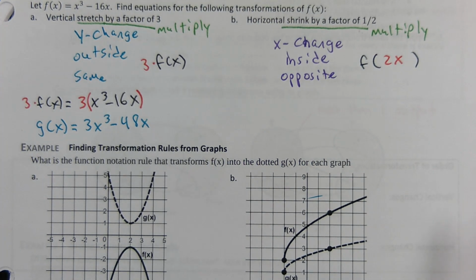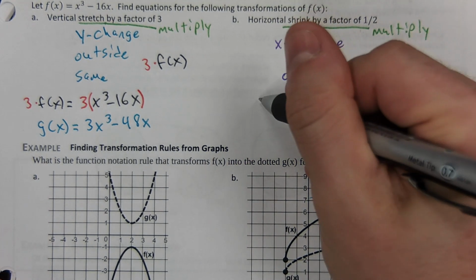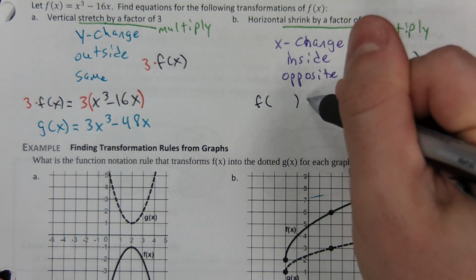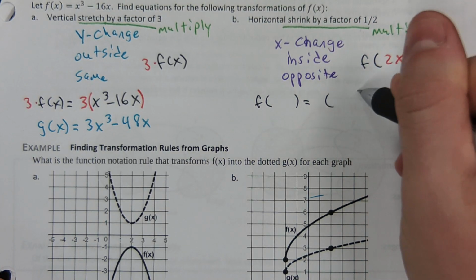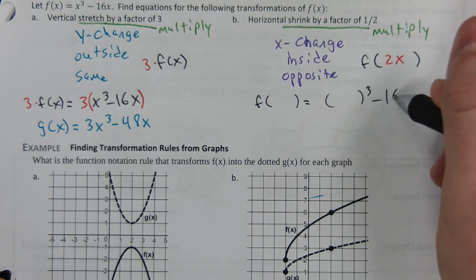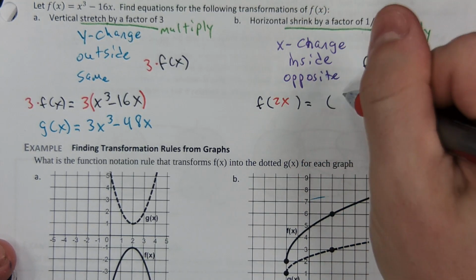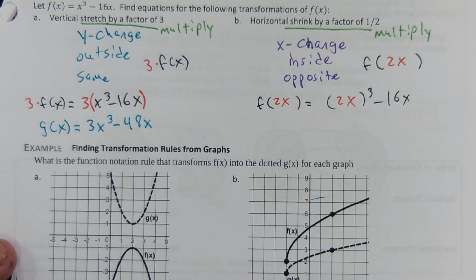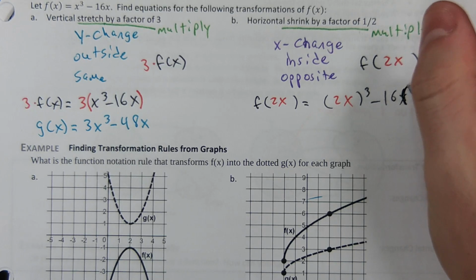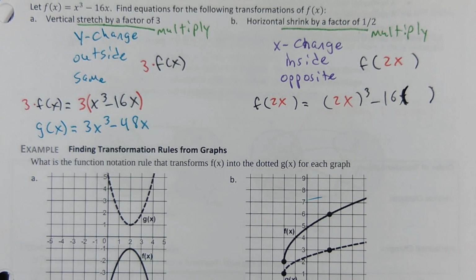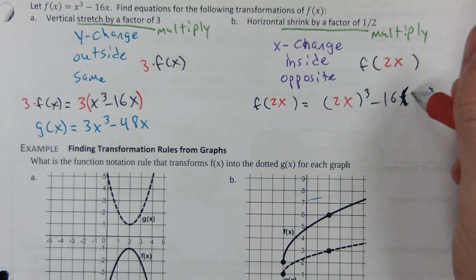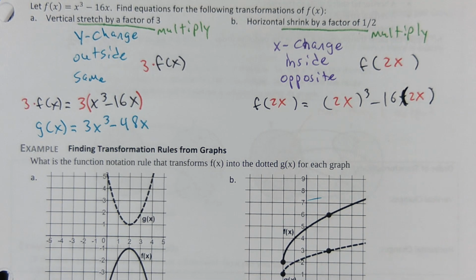All right, then I take my equation for f of x, and everywhere it had an x, I will open a set of parentheses because I am substituting, plopping in a 2x. I accidentally put an x in my business. That was supposed to be a set of parentheses, so I could put a 2x in there. There we go.